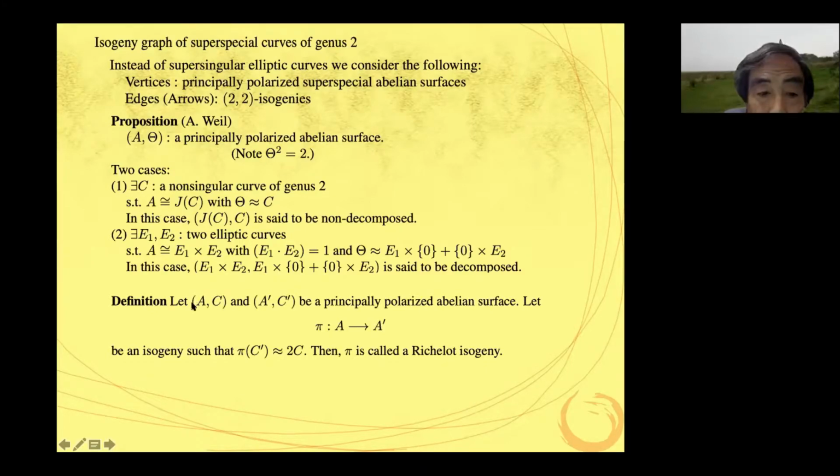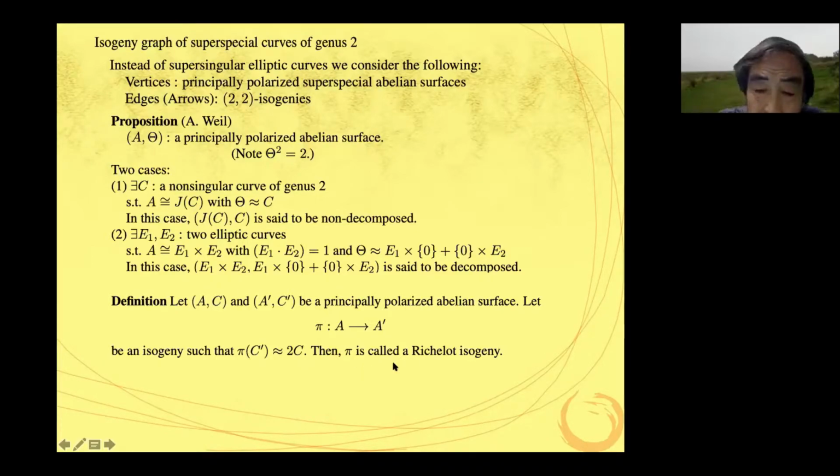And we consider Richelot isogeny. I give the definition of Richelot isogeny. First, we consider two principally polarized abelian surfaces, (A, C) and (A', C'). And we consider an isogeny π from A to A' such that the pullback of C' is numerically equivalent to 2C, 2 times C. Then in such a situation, the isogeny π is called a Richelot isogeny.